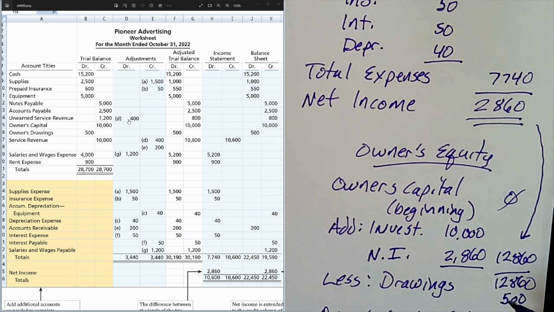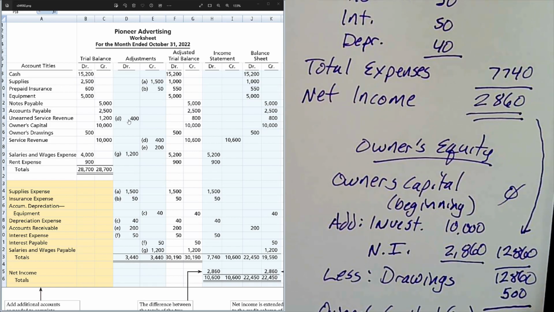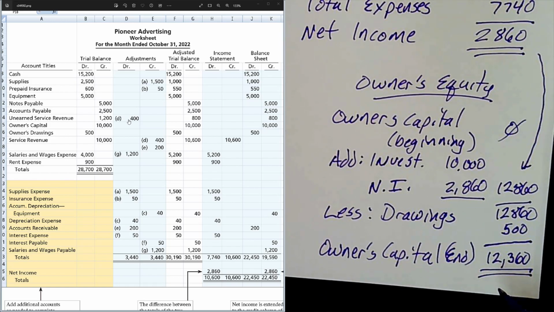We can put it in parentheses, but we already have the word less, so accounting wise we know that's a minus, and so we're going to end up with 12,360. And this is the new owner's capital balance that we're going to use on the balance sheet.